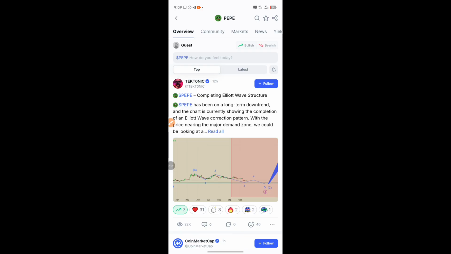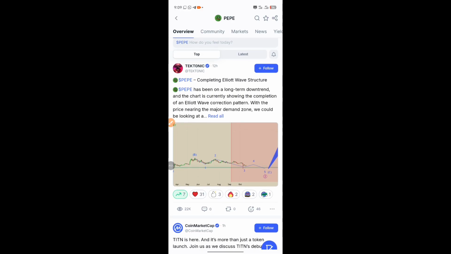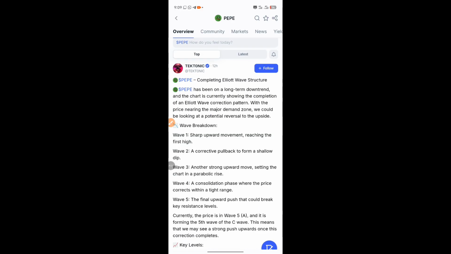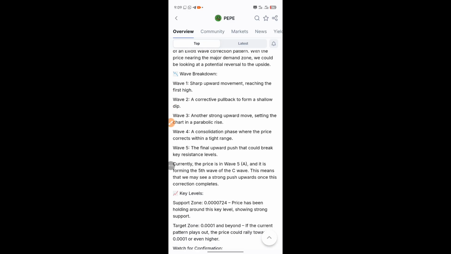Pepe has been in a long-term downtrend, and the chart is currently showing the completion of an Elliott wave corrective pattern, with the price nearing the major demand zone. We could be looking at a potential reversal to the upside. That's a very good one. That is actually what we're hoping for.